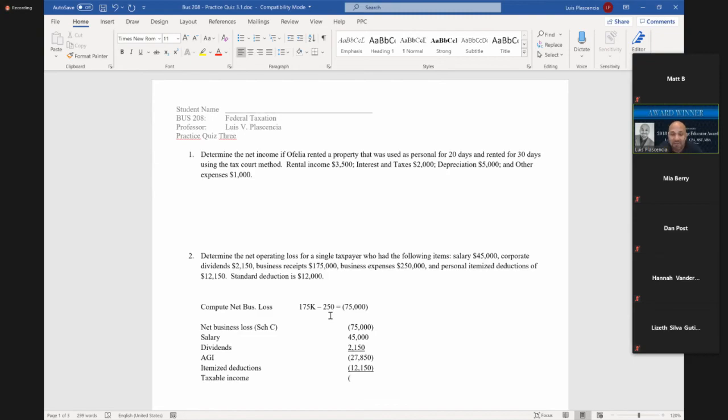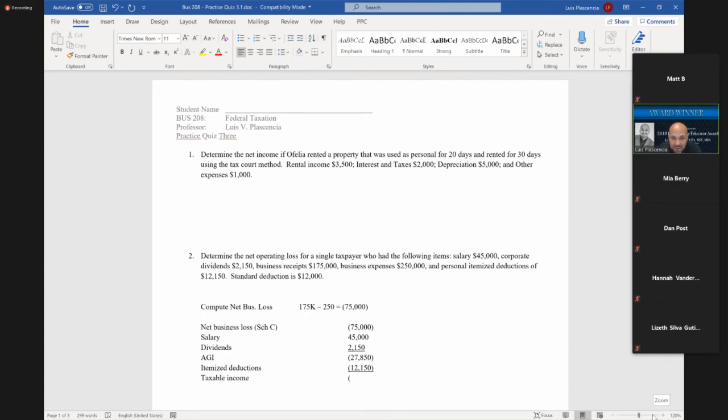In order to have a deduction on qualified business income, if you understand the rules, that's 20% of the lesser of qualified business income or modified taxable income. Either way it goes, if we're taking a negative, 20% of this number or 20% of 27,850 minus 12,150, it's negative. You don't take a deduction. So no deduction on qualified business income.